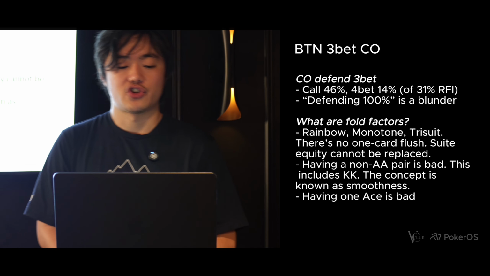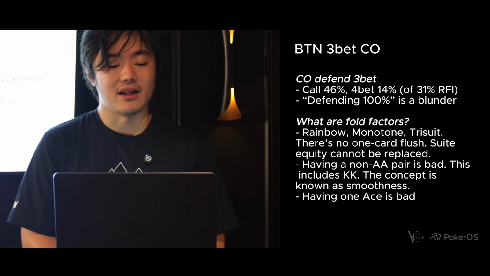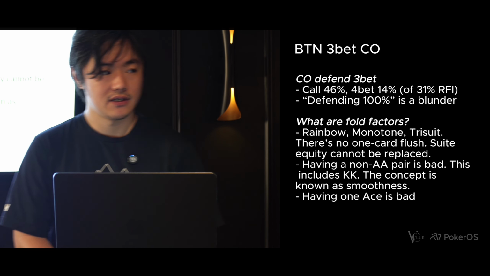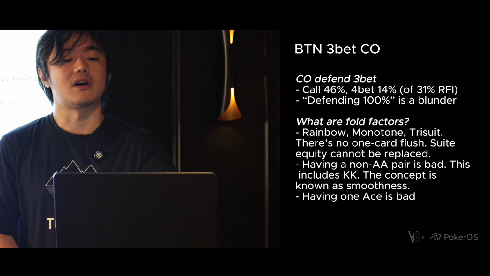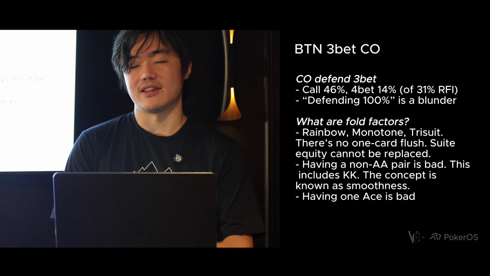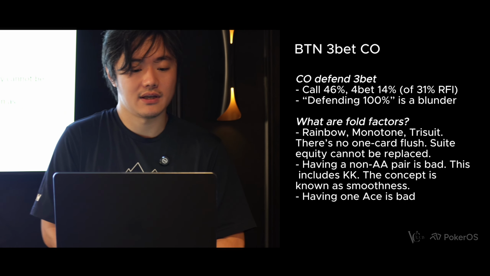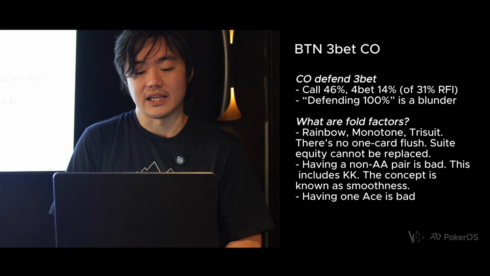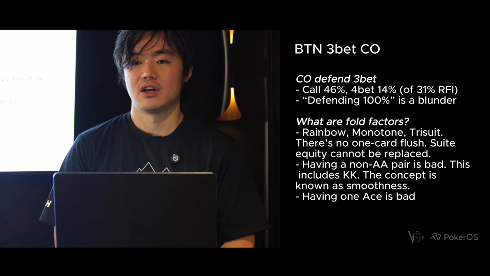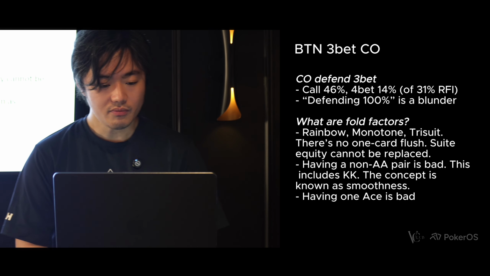If you look into the chart, it's call 46%, 3-bet 4-bet 14%, and fold 40%. These frequencies are of 30% of the RFI. So 4-bet is approximately the top 4% of the hands, and calling is approximately the top 4% plus 13% of the hands.